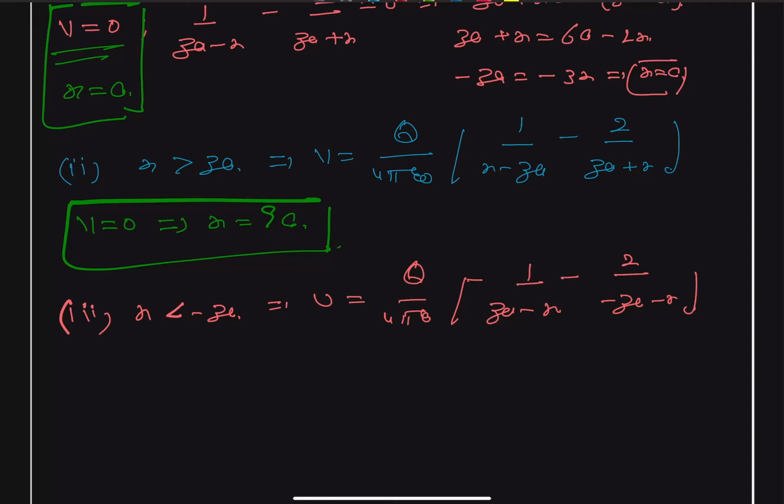Therefore, we can summarize that V will be equal to 0 only if x tends to minus infinity.